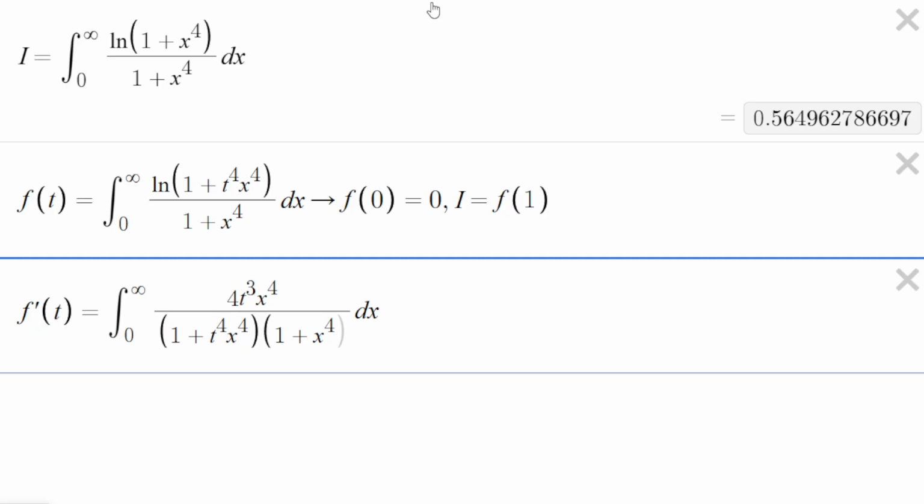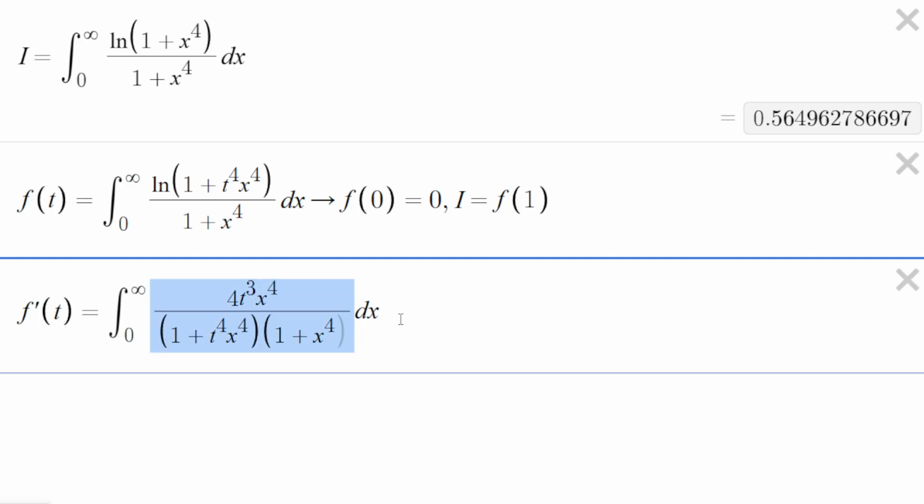So there is our function of t. Now, the next step, we could do partial fractions right now. In fact, I think that's what we're going to do. I'm not going to be showing the steps for the partial fractions because that's kind of a mess. So I'm just going to jump right to what it's going to be.